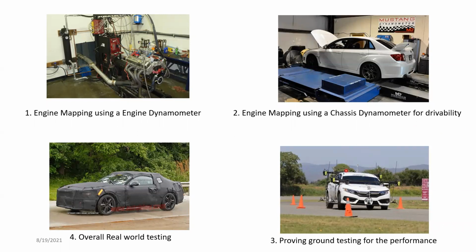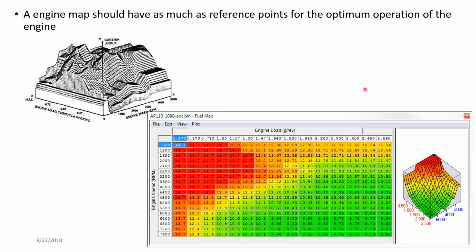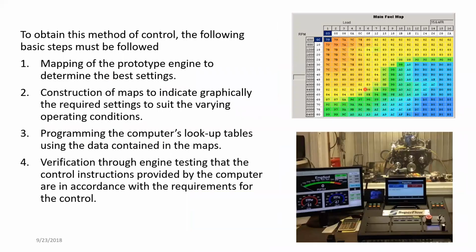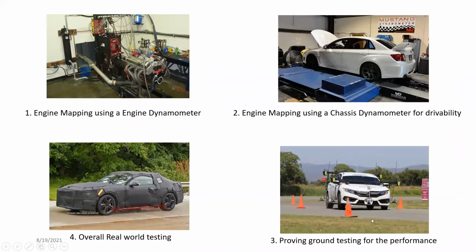While this is happening, if any problems are found in the engine, it goes back to these two processes and changes the maps again, until the manufacturer is happy with the whole product.